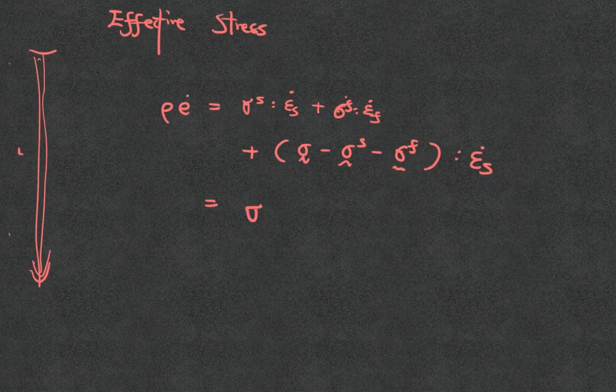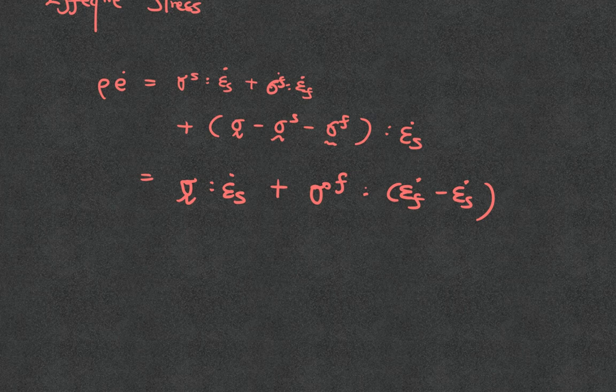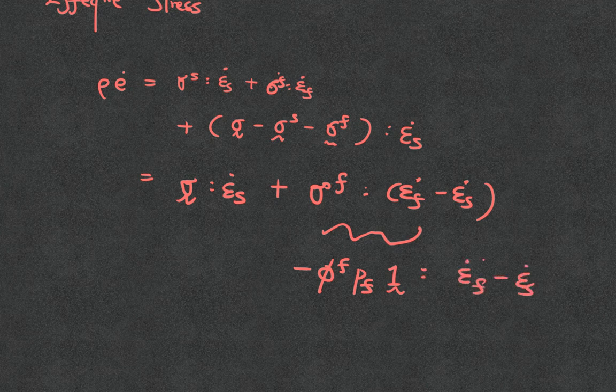If you write out the conjugate term, what we get is this. Okay, so far so good. And that term equals minus porosity times Vf, identity double dot Vf minus Vs dot.